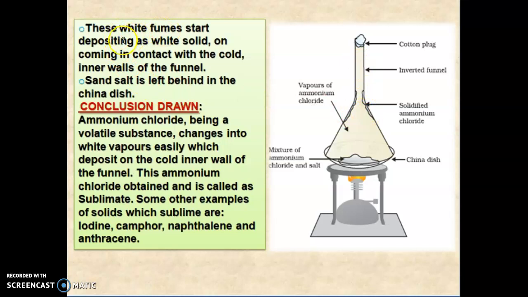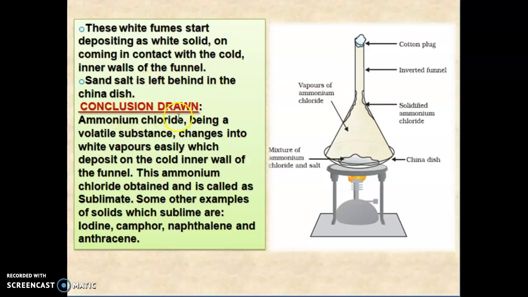So this white vapor started depositing as a white solid on coming in contact with the inner wall of the funnel. When the gas is liberated, it comes out and after cooling, this white fume is deposited on the wall. So the sand salt is left behind in the china dish.